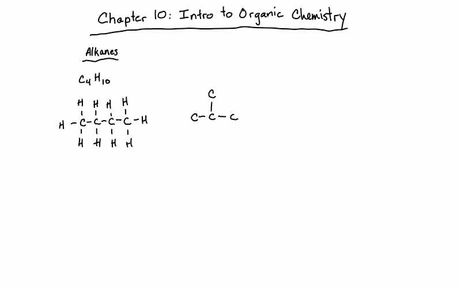And just like before, we can add in all the hydrogens, except in this case, this carbon right here only gets 1 hydrogen because it's bound to 3 carbons. So we fill all these in.